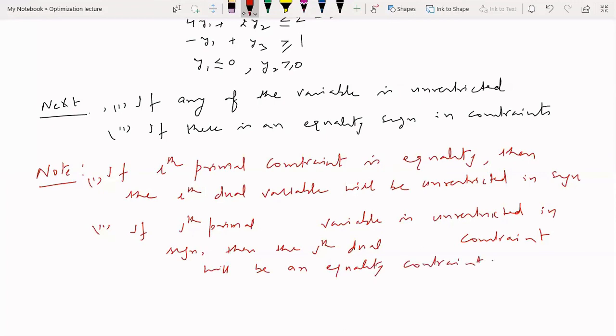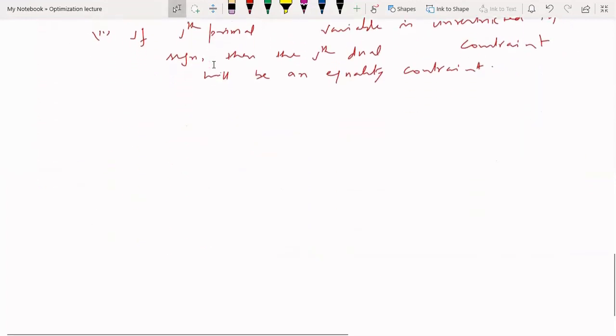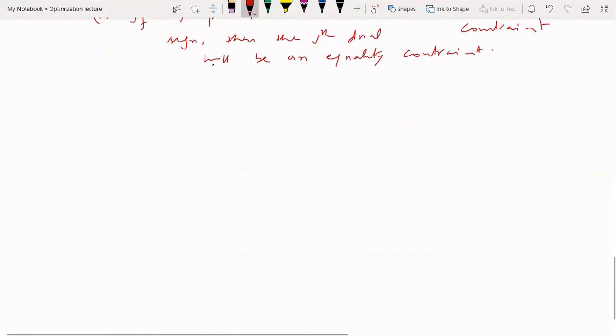Let me explain this by means of an example, where I will incorporate all the changes in one problem, so this will consider all cases.